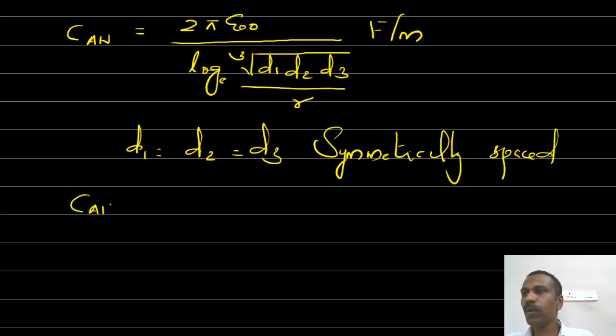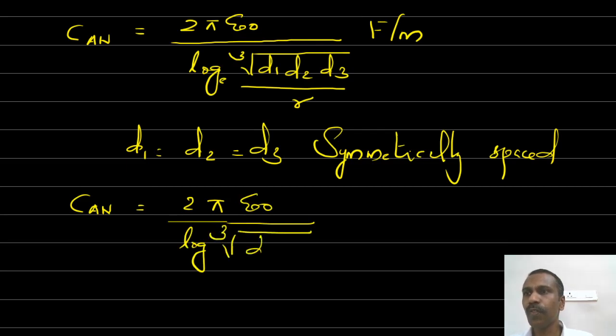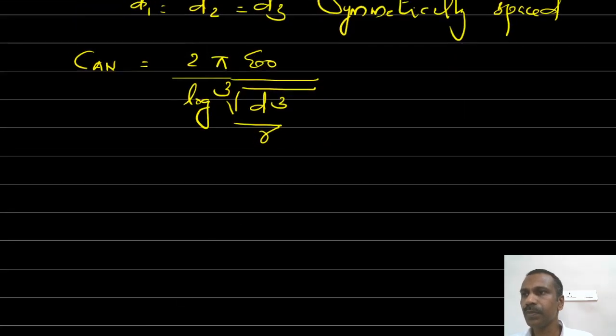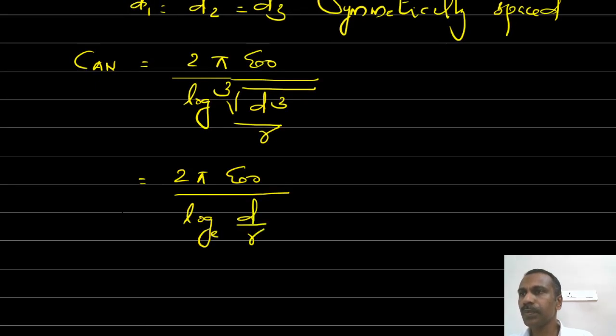Now the CAN is equal to 2 pi epsilon 0 divided by log of the cube root of D cube by R, and this will be equal to 2 pi epsilon 0 divided by log D by R. So this is the capacitance of phase A if the conductors are symmetrically spaced.